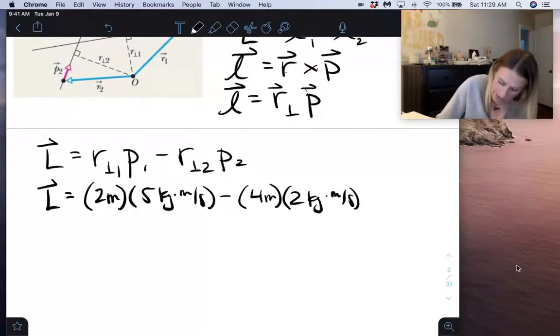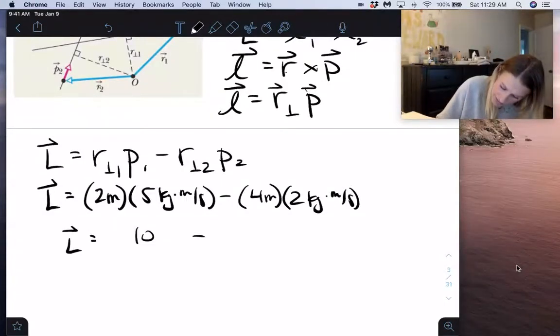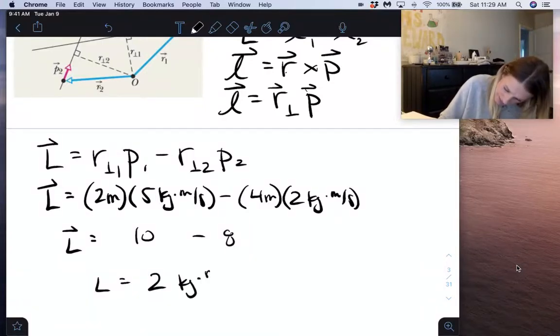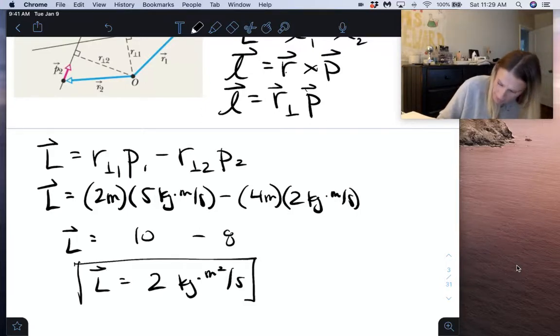So we get our total angular momentum is equal to 2 times 5, which is 10, minus 4 times 2, which is 8. So we end up getting 2 kilograms times meters squared per second. That's our unit for angular momentum.